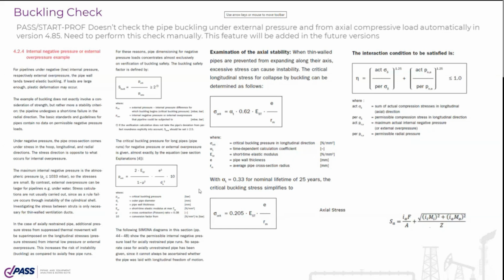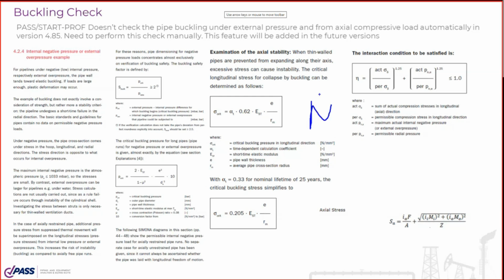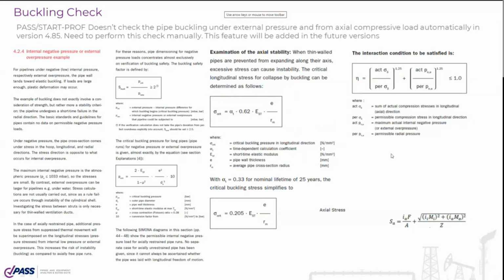So you should perform the following check. You can take the axial load from the StarProf software, quite easily, in the internal forces table. You can take this value, and after that you can manually check the stresses. In future versions, we plan to add the automatic check of these loads.